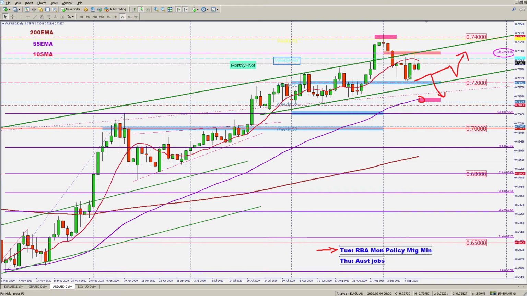So it does depend on some local news as well as how the US dollar reacts to the FOMC this coming week. That's going to be a major event for all the major pairs.